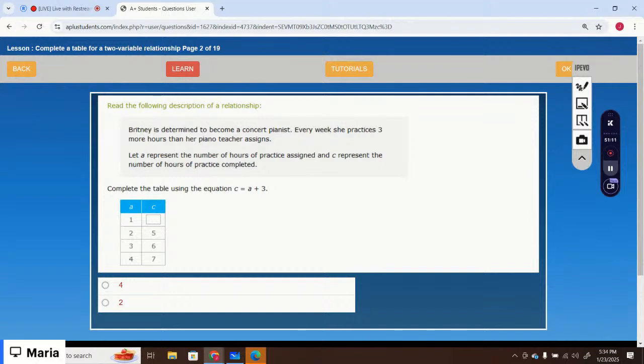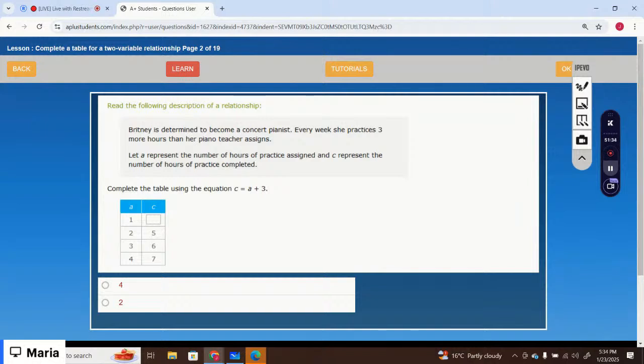Complete the table using the equation c equals a plus 3. So which is the correct option? You have to calculate the c when a equals 3. Sorry, when a equals 1.